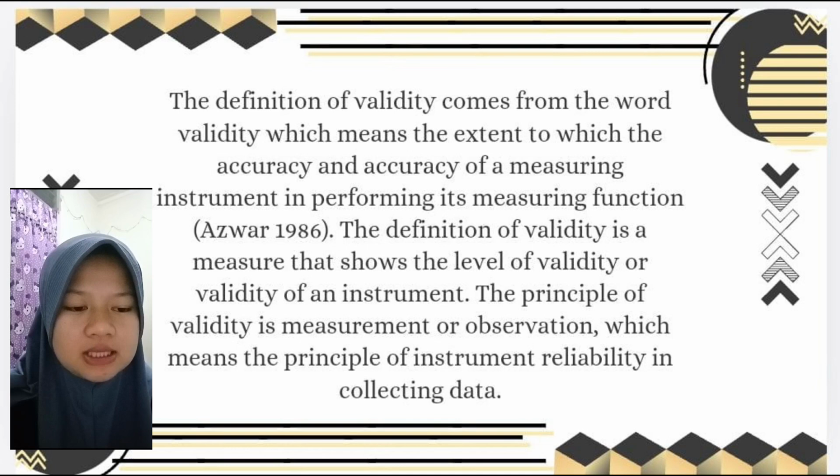Azwar, 1986: validity is a measure that shows the level of validity of an instrument. The principle of validity is measurement or observation, which means the principle of instrument reliability and data collection.